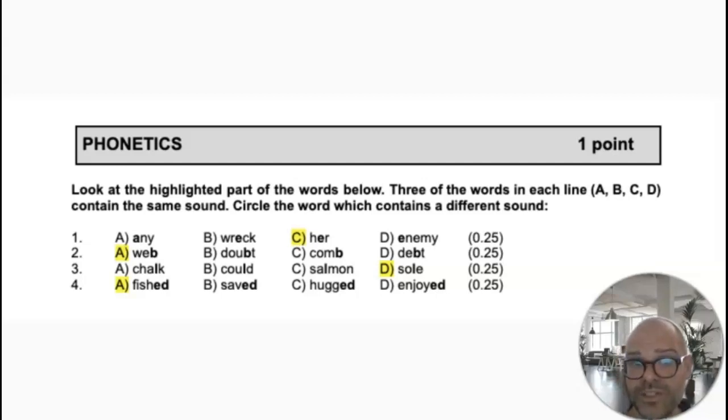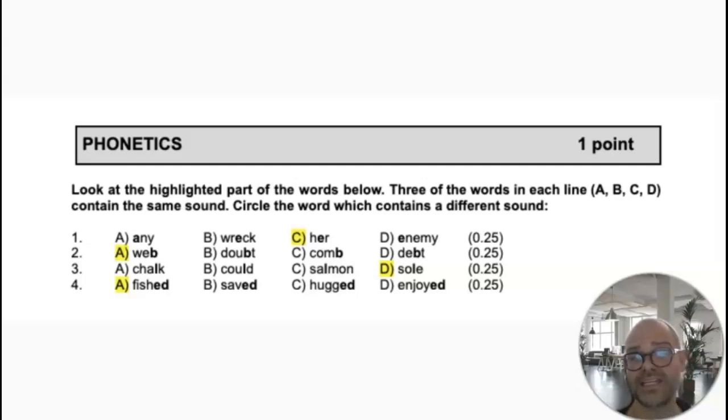The first line says A, any, B, wreck, C, her, D, enemy. And the different one is C, her, because it's got a different sound and the other ones have the sound A, which is different.